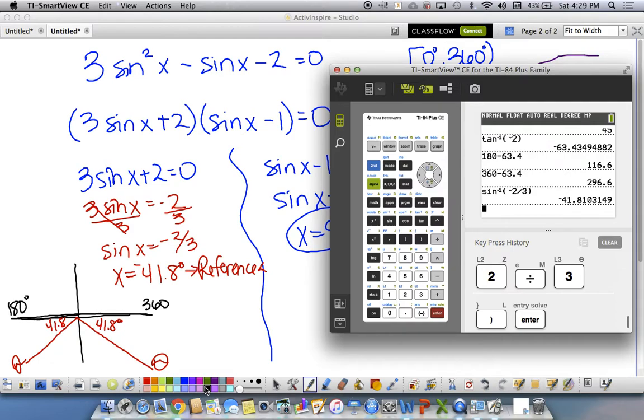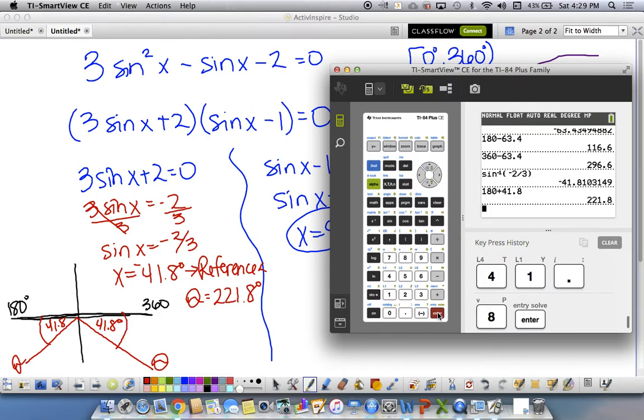But this time, we didn't subtract, we didn't go up, we need to add 180 plus 41.8. So what is 180 plus 41.8? 221.8. So my first theta is 221.8 degrees.